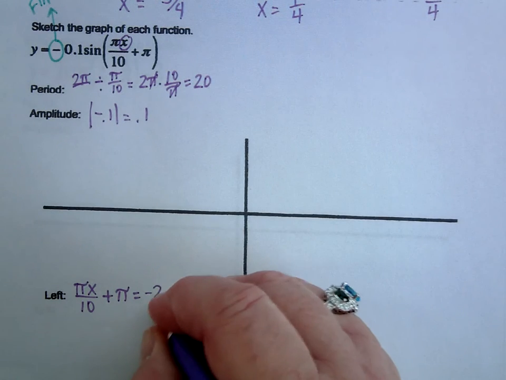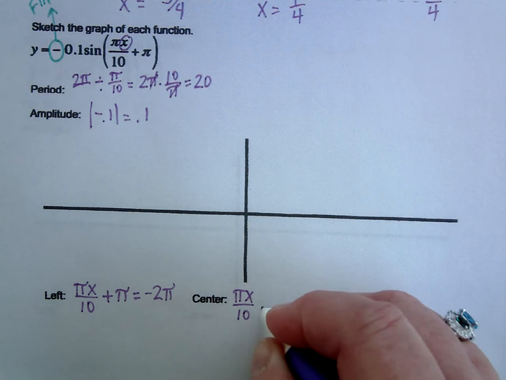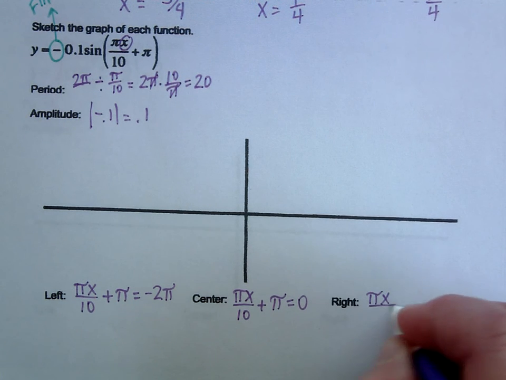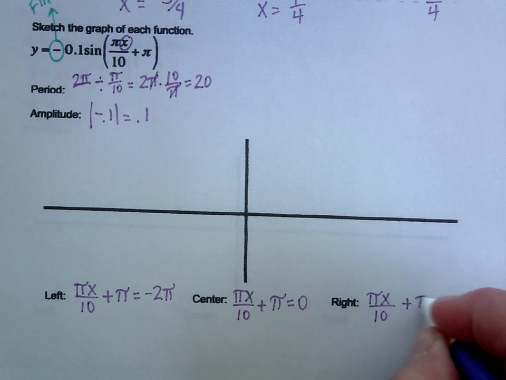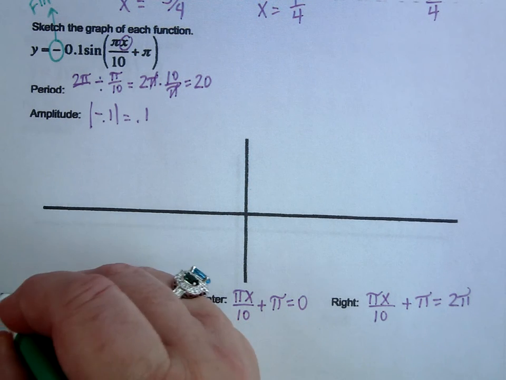So this is a negative 2 pi. Set up the rest. Pi x over 10 plus pi equals 0. Pi x over 10 plus pi equals 2 pi. And I showed you the trick so we could get rid of these fractions. Ain't nobody like fractions. So I'm going to multiply. My deal is I multiply by whatever the biggest fraction is.